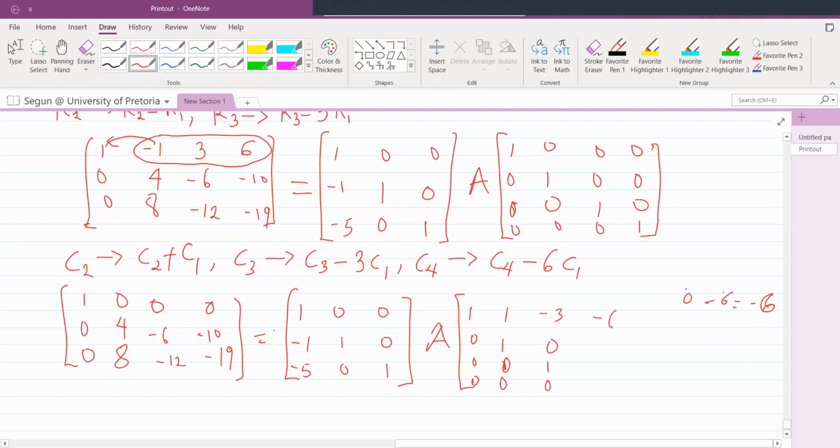This is minus 6. Then the next one is 0. Then we have 1 minus 0 equals 1. The last one will be 1.